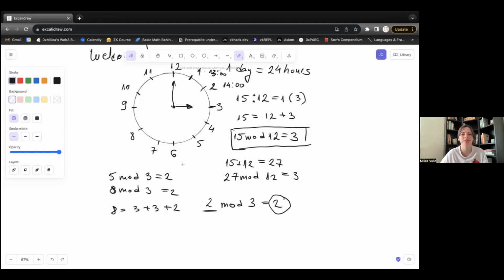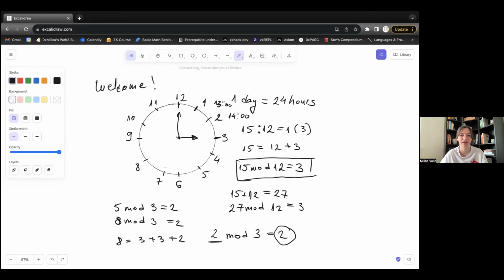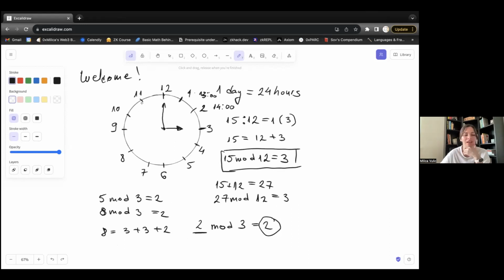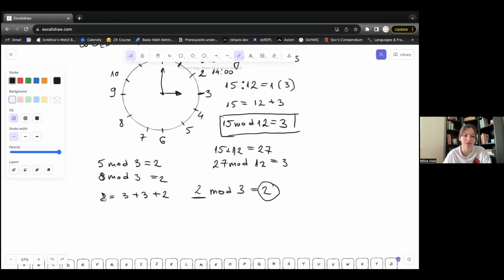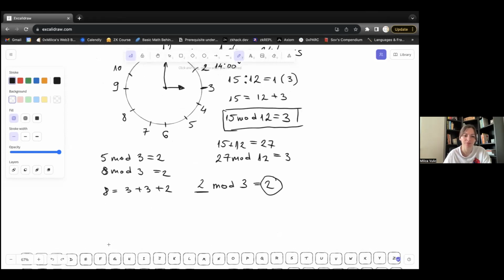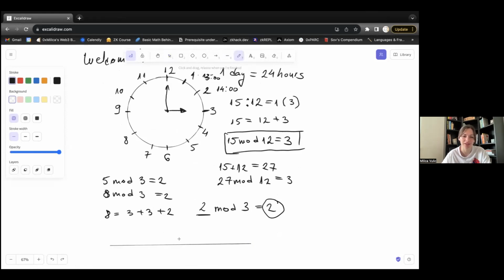So let's say this, I don't know if you can see, but I suppose you can. If we have, so let me write something. So if we draw a line, and then we can say, okay, this is 0, this is 1, this is 2, this is 3.